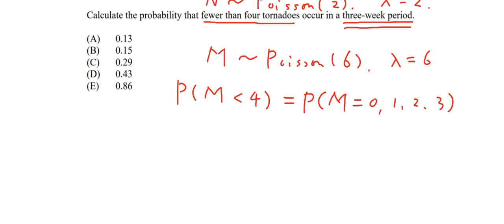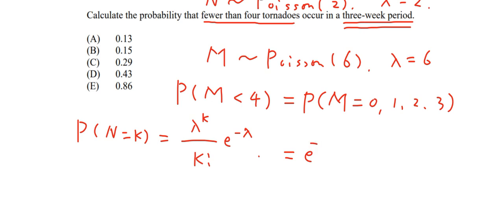So this probability just equals this. We use this formula: P(X = k) equals lambda to the k, e to the negative lambda, over k factorial. So here we just put lambda equals 6, so this is e to the negative 6.